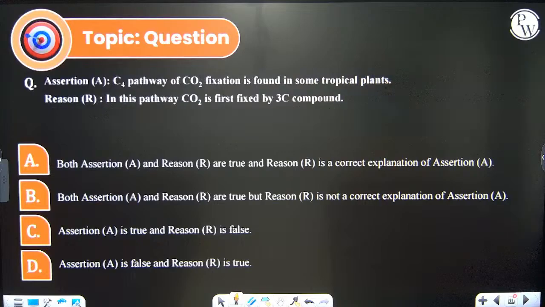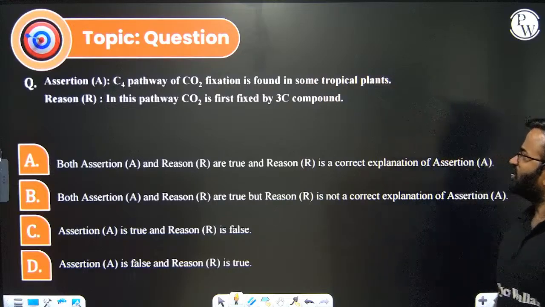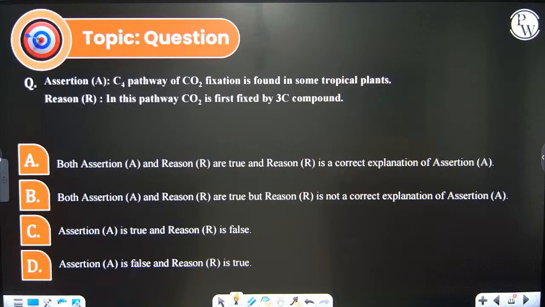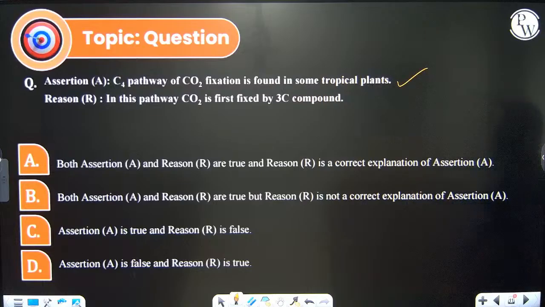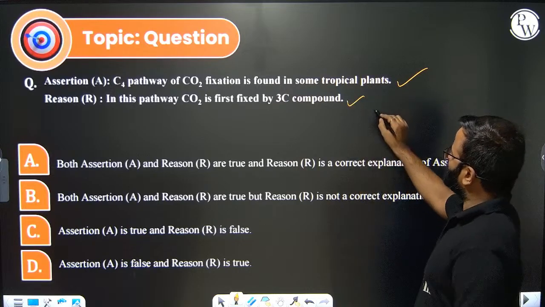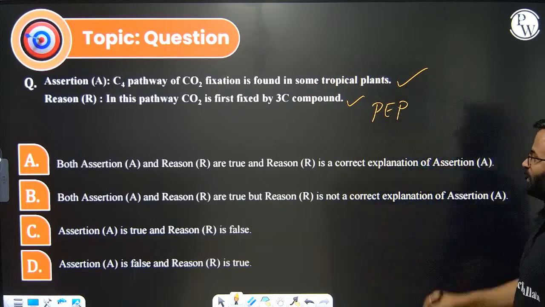Next, the C4 pathway of carbon dioxide fixation is found in some tropical plants, which is true. Yes, it is found in some of the tropical plants. And in this pathway, CO2 is first fixed by a C3 compound, which is phosphoenol pyruvate, PEP, by PEPcase.